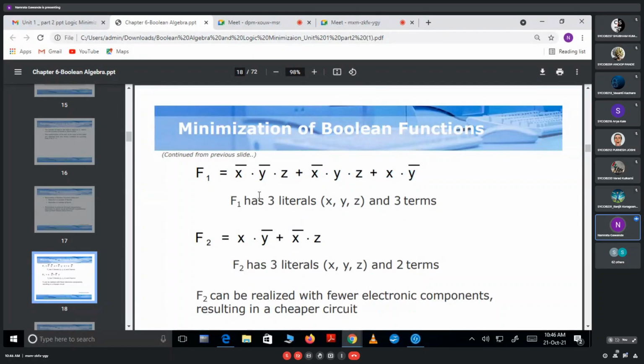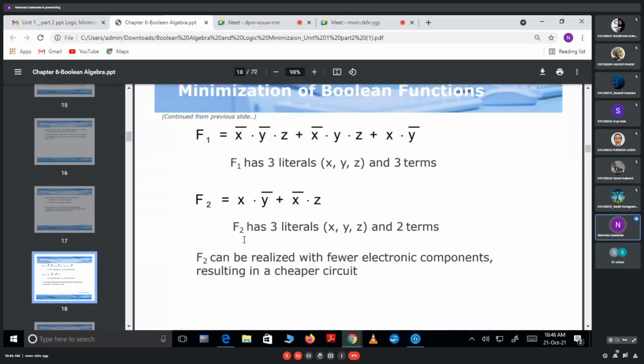So this function represents three terms, 1, 2, 3, and three literals, 1, 2, 3. In each and every term you can see three literals, but in the last term, x dot y bar, only two literals are present. It is not compulsory that all the literals are present in each and every term. So with the help of this Boolean function we can say that there are three literals and three terms.